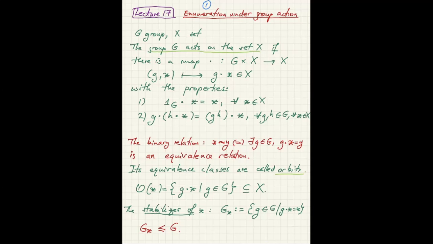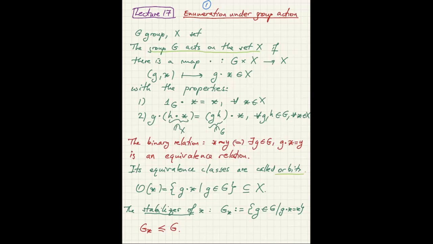And the second property is that if the element g of the group acts on h acting on x, which is an element of X, then this is the same as the group product g times h, which is an element of G, acting on x.